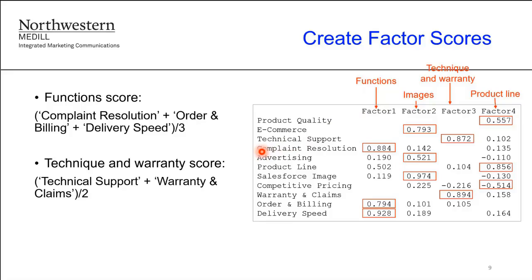For example, complaint resolution, order and billing, and delivery speed, those three variables belong to factor 1 because their values are pretty high, all over 0.7. Those three variables, e-commerce, advertising, and Salesforce image, belong to factor 2, and so on.